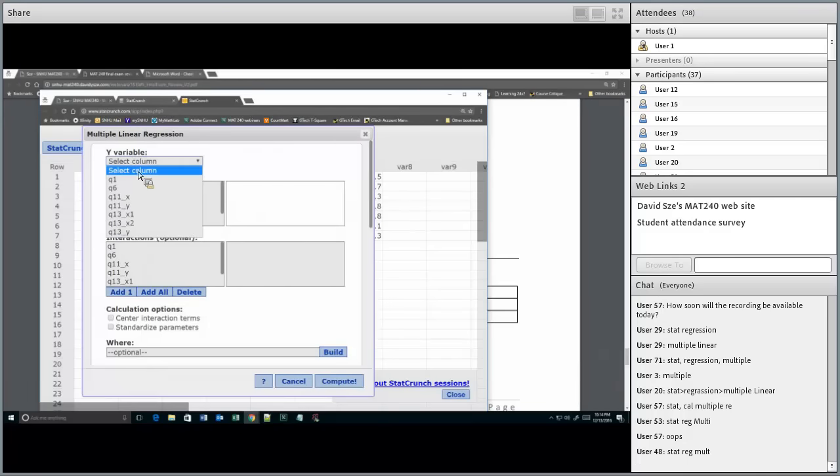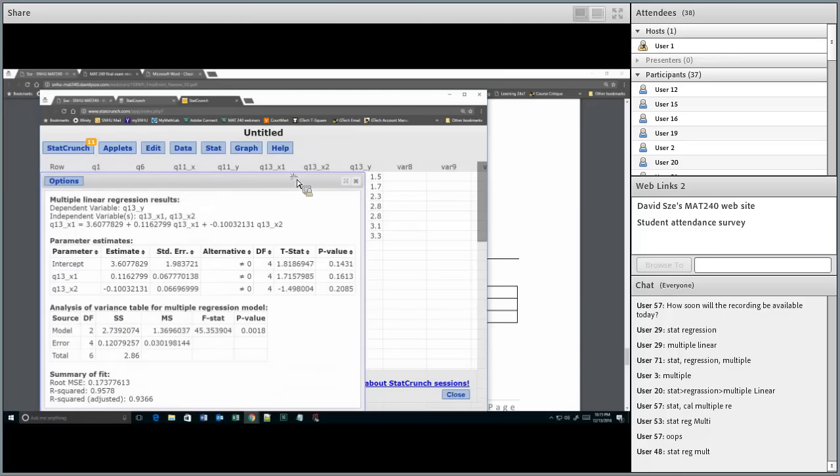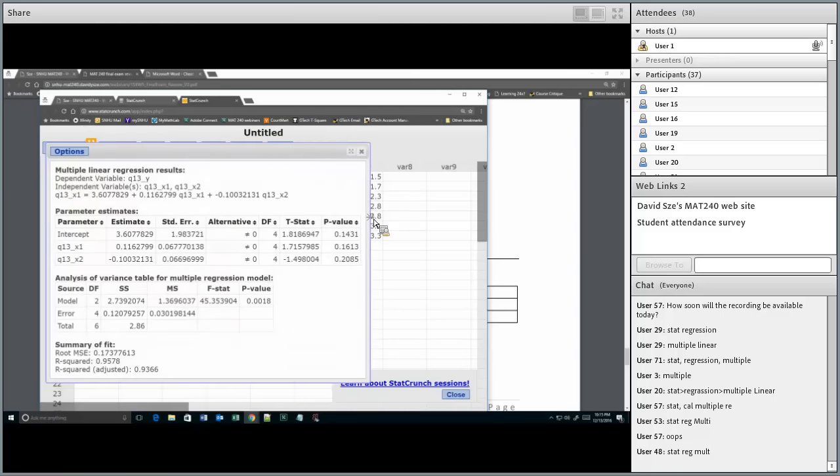Okay, and then I just choose my y for problem 13, and choose the two x variables for problem 13, x1 and x2. I choose those two variables, just hit compute, and here it is. Here's my y-intercept, 3.607. Here's the slope for x1. Here's the slope for x2.